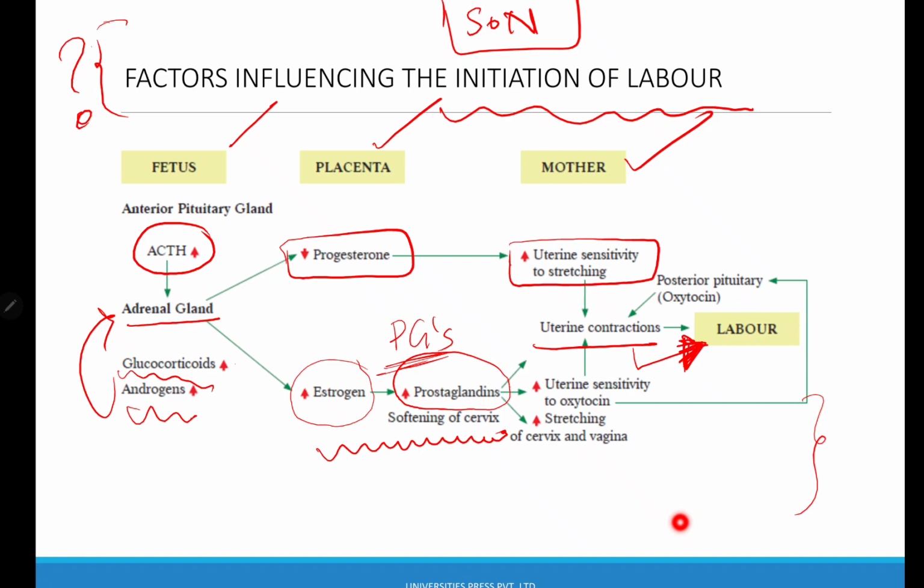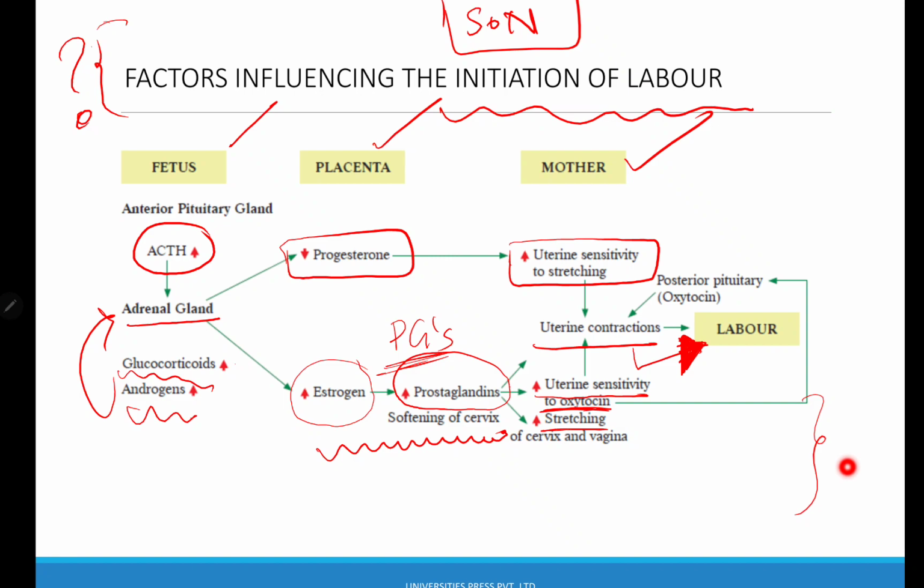These prostaglandins cause an increase in uterine sensitivity to oxytocin and increased stretching, leading to uterine contractions, which result in the process of labor.